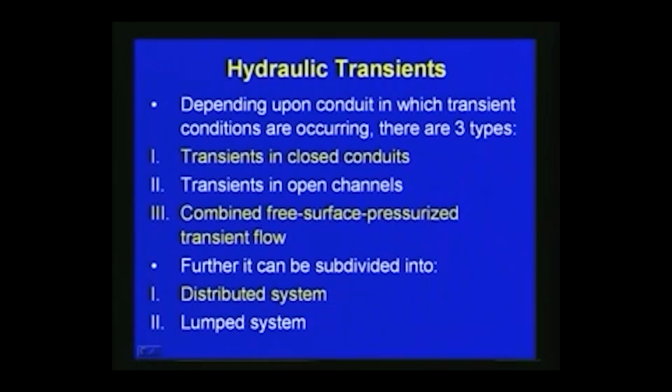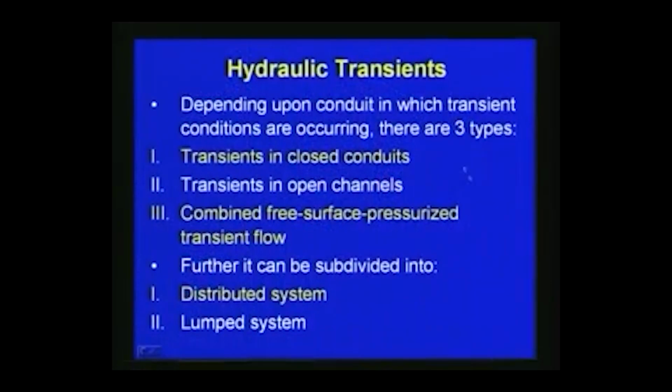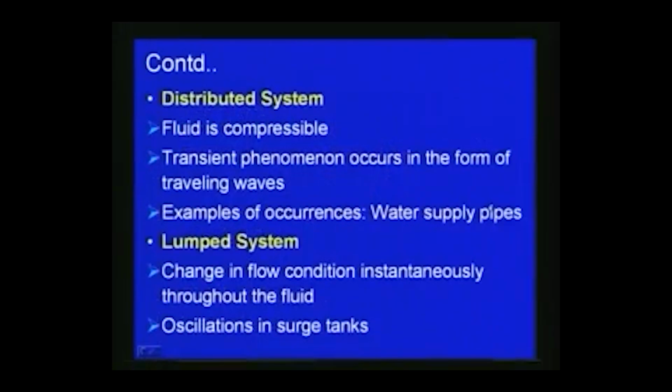We can also classify the hydraulic transients by whether the fluid mass is distributed, as in the case of a pipe flow, or lumped, as in the case of a surge tank, into distributed systems and lumped systems. These are some of the classifications with respect to the hydraulic transient.